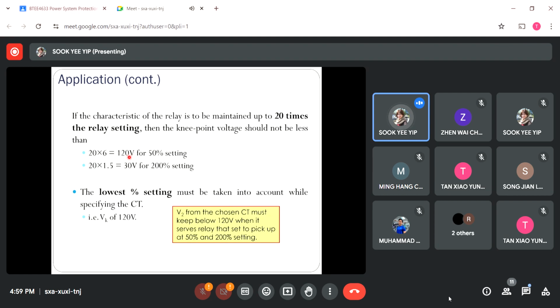If I have 200% setting for a relay, I will have voltage of 30 watt. So in order to ensure the current transformer is able to measure correctly, I need to find the right knee point voltage value. Should I select based on 50% setting, or on 200% setting? Anyone would like to try? Hello?